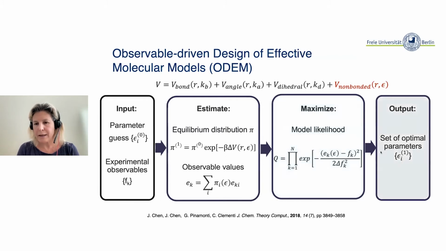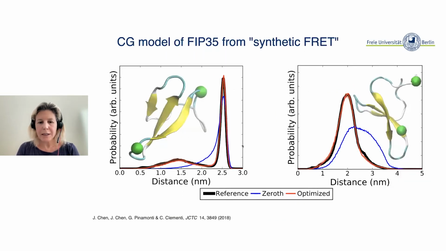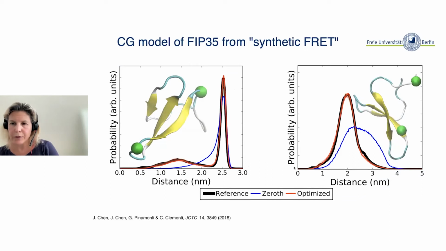So at this point, you can maximize this likelihood, select a new set of parameters and iterate. And you can do this because these coarse-grained models are quite cheap to simulate, so we can repeat these simulations many times. This was the first application of this method that we published in the paper.